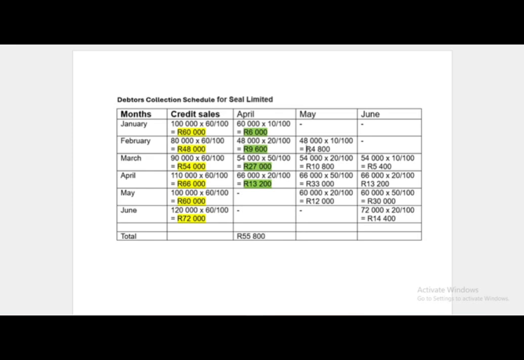For May also, I'm going to highlight them. We're going to say 4,800 plus 10,800 plus 33,000 plus 12,000, and then let's put that on the calculator and see how much we're getting as the total, right?